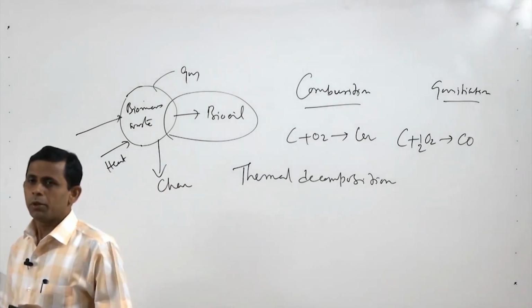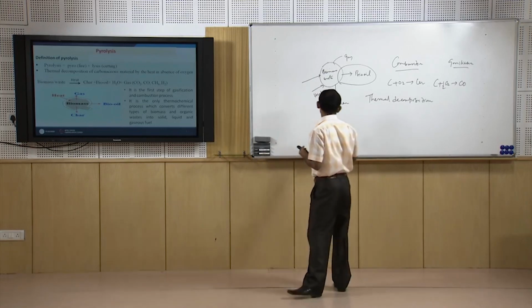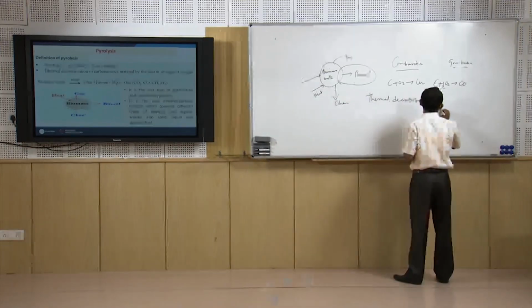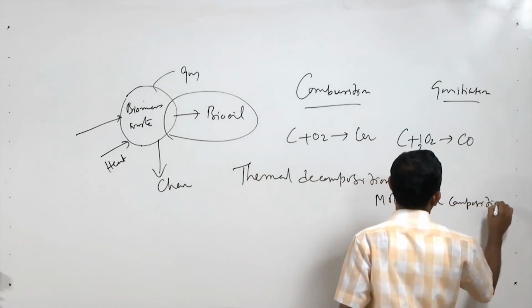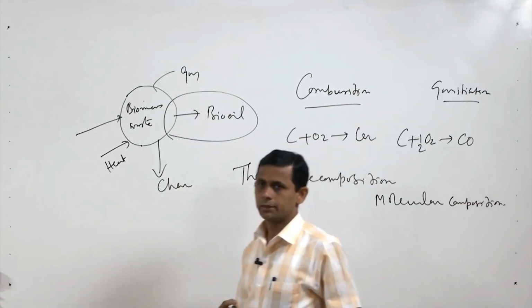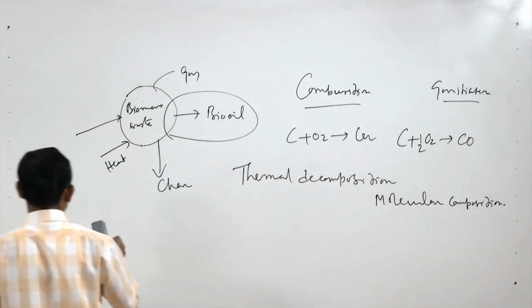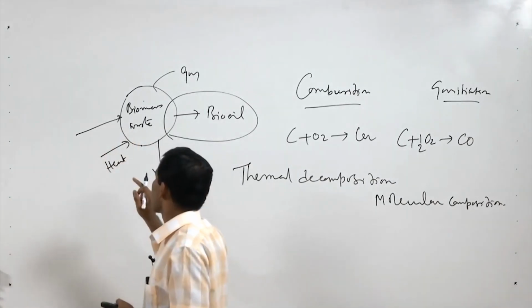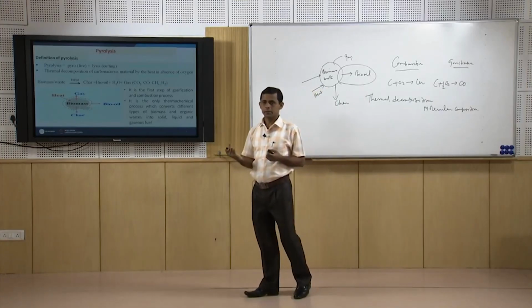What is the kinetics, what is the rate, how is this happening, and what will be the molecular composition is not easy to predict. This pyrolysis is also part of incineration and gasification.